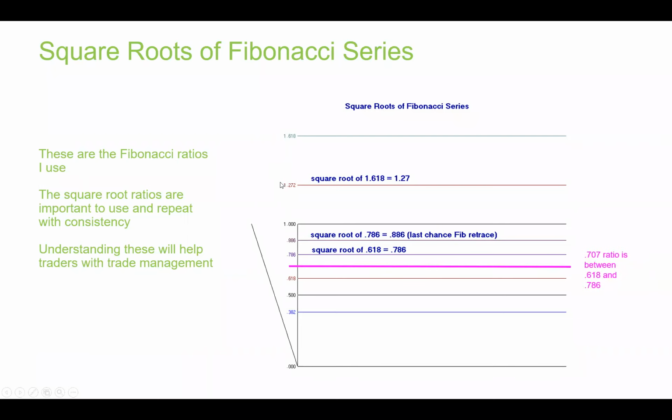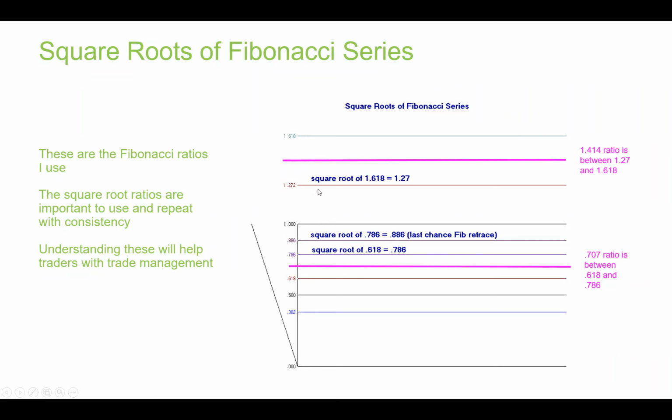And there's also the ratio that's in between the 0.618 and the extensions 1.27 and 1.618, and that is the 0.707 and the extension 1.414. I generally don't keep those on my ladder because I know that they're in between. And if I see a price or a pattern that's completing or coming into this area, I just know that's what the ratio is.